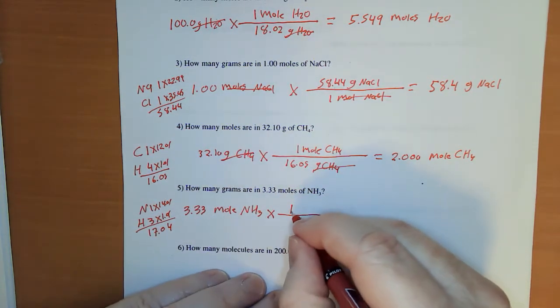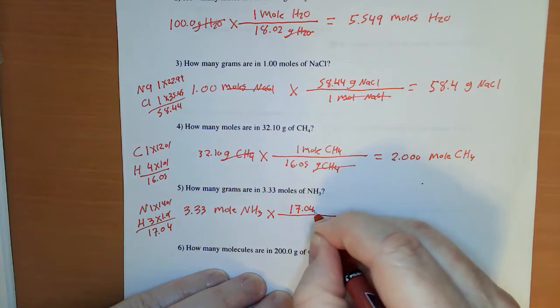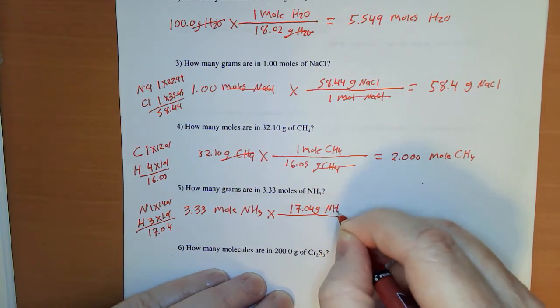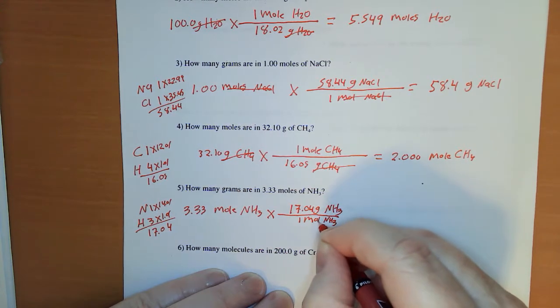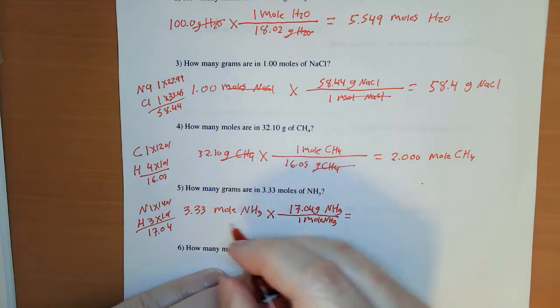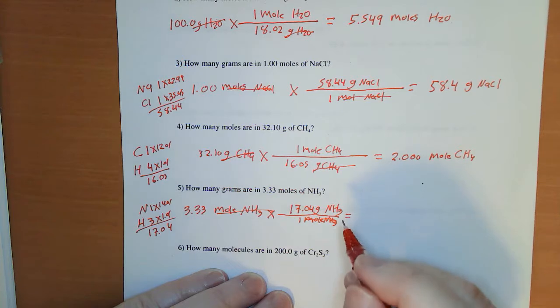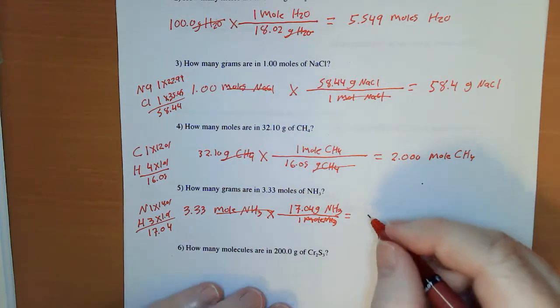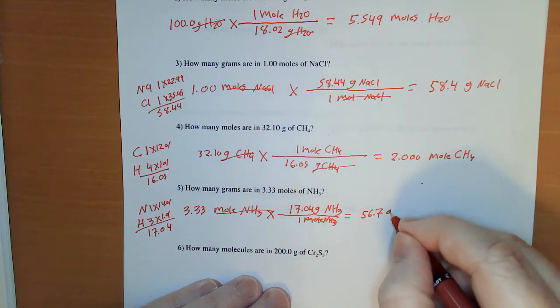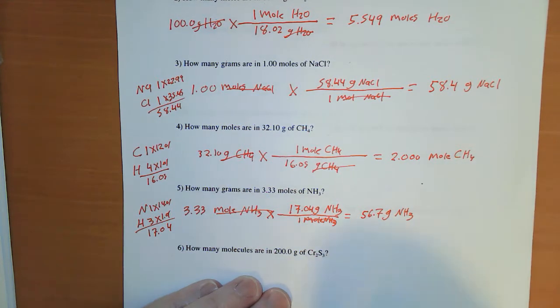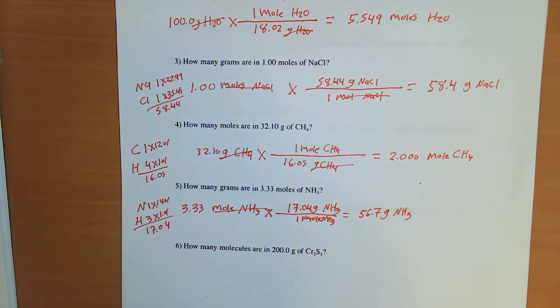So 17.04 grams of NH3, 1 mole NH3 equals, the moles cancels, and my calculator said 56.7 when I rounded it off for correct sig figs.